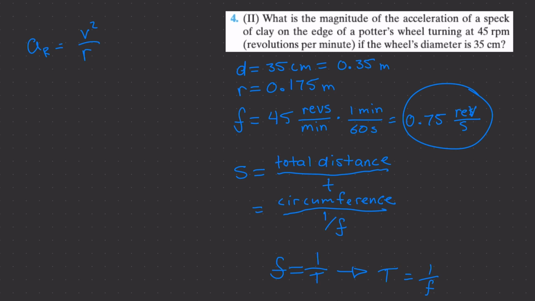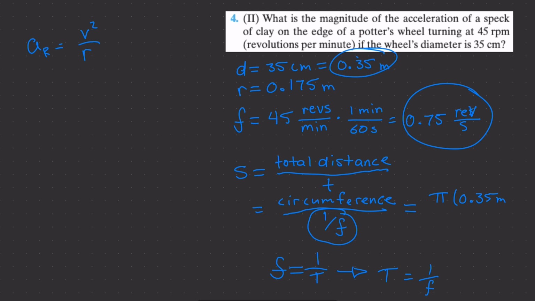And now we know our frequency. If we can do a little bit of math to find our circumference, then we can find our speed really quickly. So for this, I'm going to plug in 1 over 0.75. And then on top, I'm going to have my circumference, which I can pretty quickly deduce because I was given the diameter. So that's just going to be equal to pi times the diameter, or pi times 0.35.